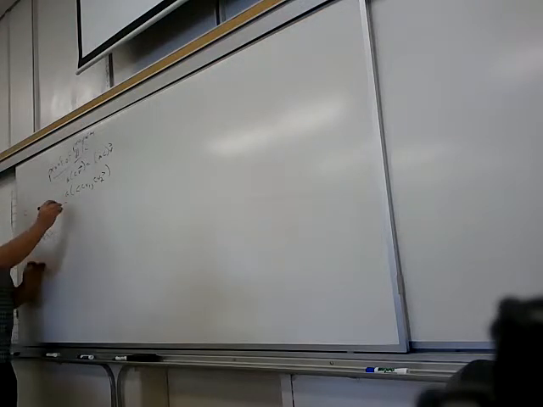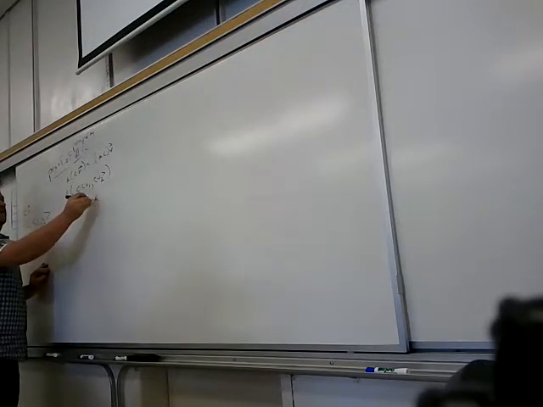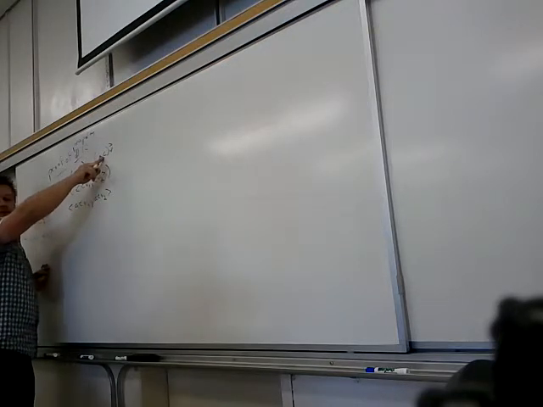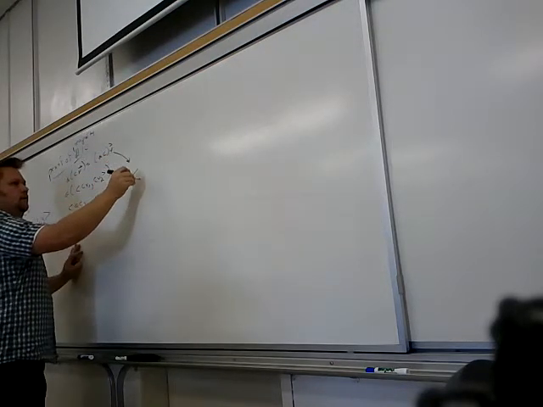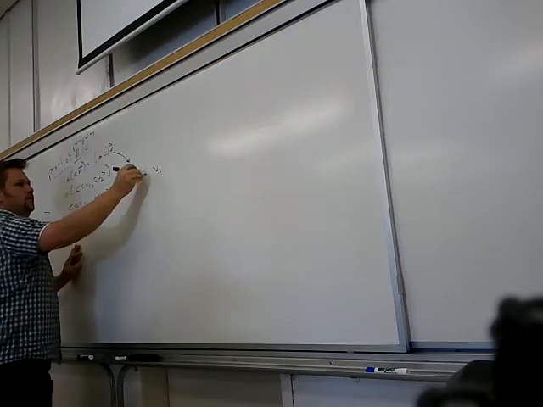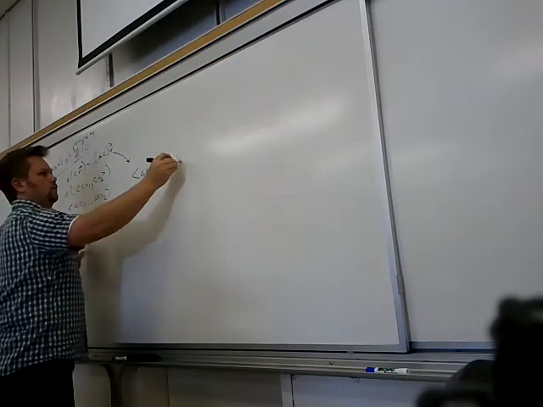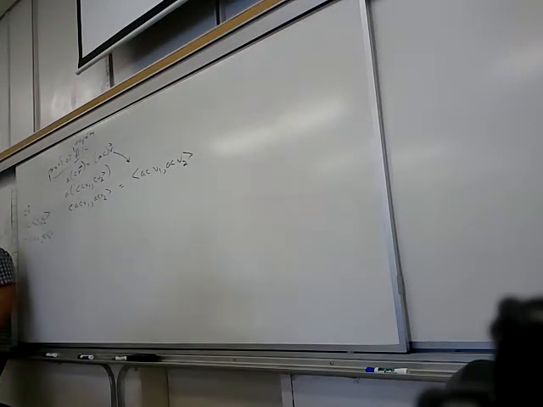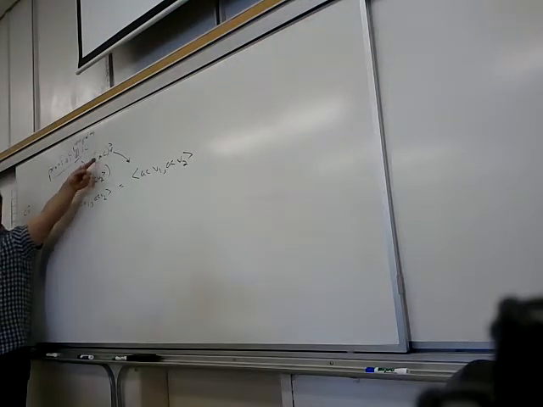ACV1, ACV2. By observation, this would be V1 multiplied by AC, and V2 multiplied by AC. Therefore, I have proven that property. Using the definition of scalar multiplication, I've proven this further property.